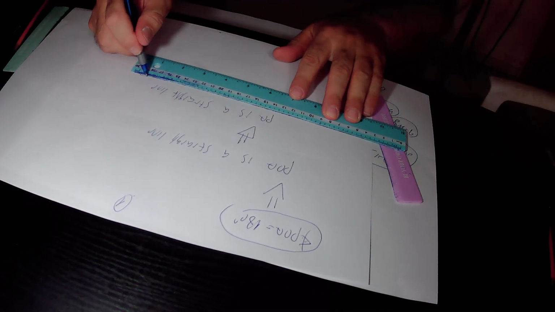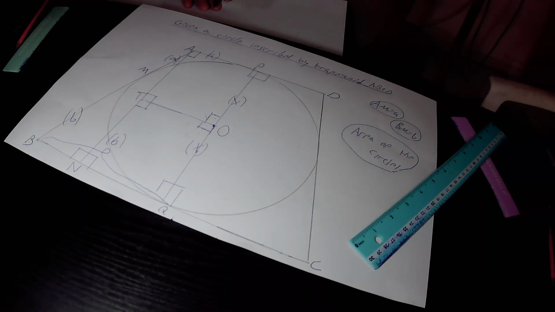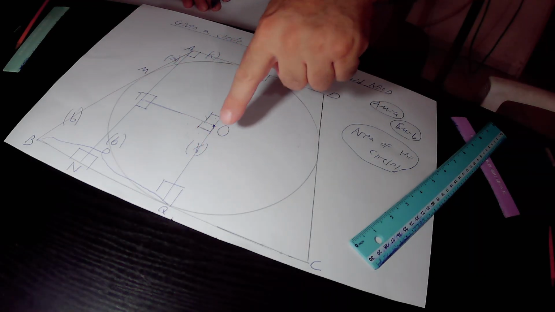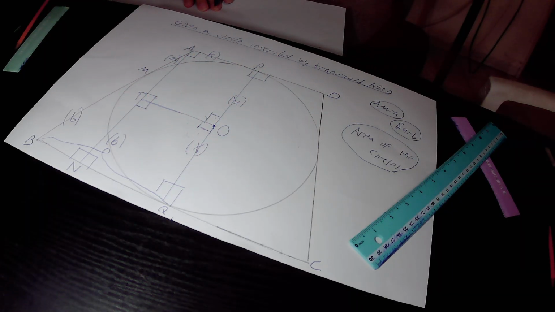So actually, this shape ANQP consists of 1, 2, 3, 4 sides.